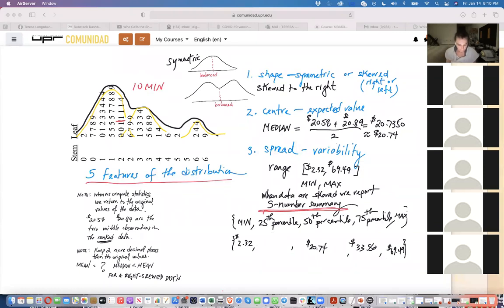Okay, so let's go to number 4. Number 4 is gaps and outliers. Do we have any gaps? Is there any class where there's no data? Yes.